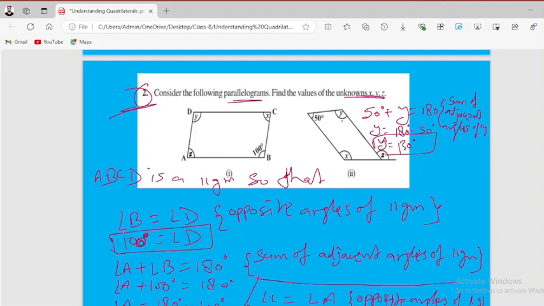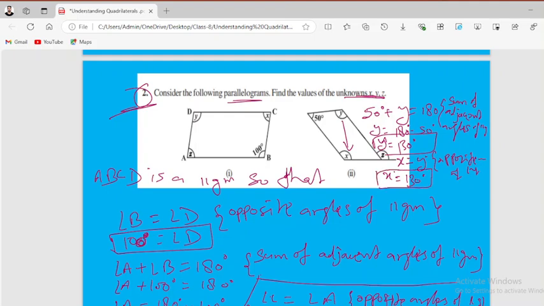If y is 130, then x and y are opposite angles, so x is equal to y by the opposite angles of a parallelogram. So x is also 130 degrees.